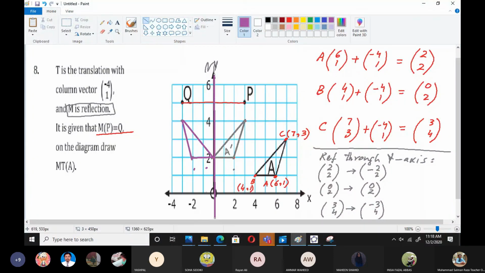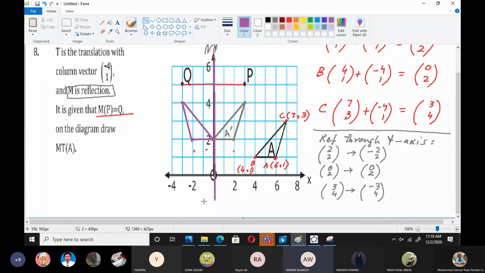Here, M is the reflection, so it reflects on this line. It cannot reflect on the x-axis. Look at it, there is no grid. They have not provided us any grid over here, but they have provided a grid on the y-axis, on the other end of it, so it is reflected through the y-axis.